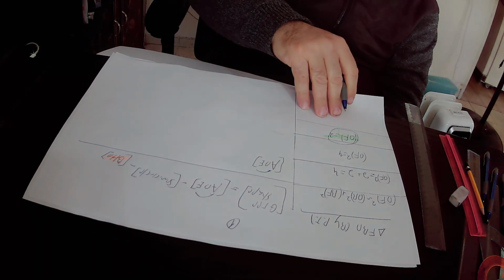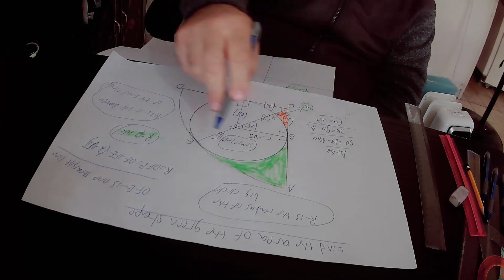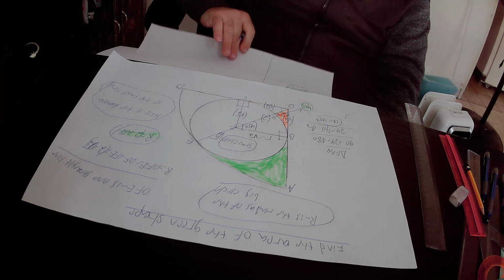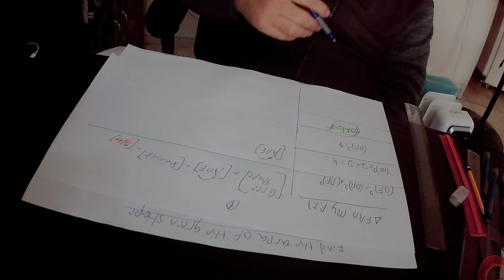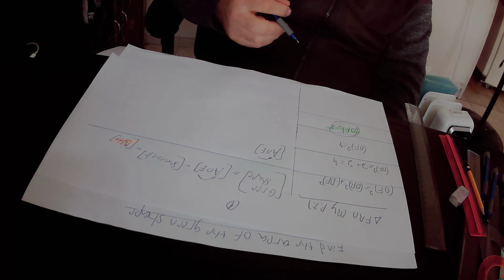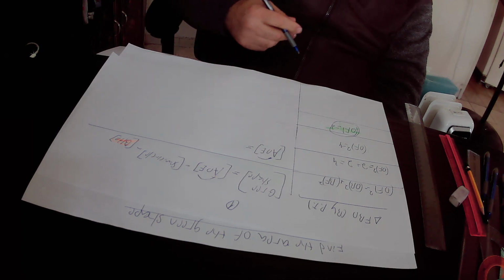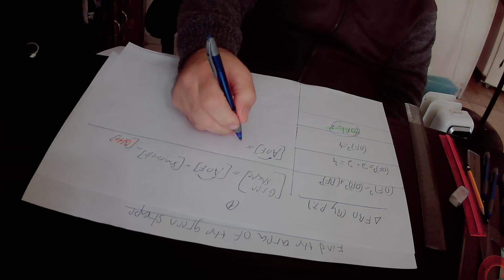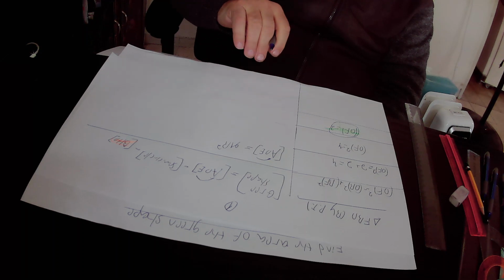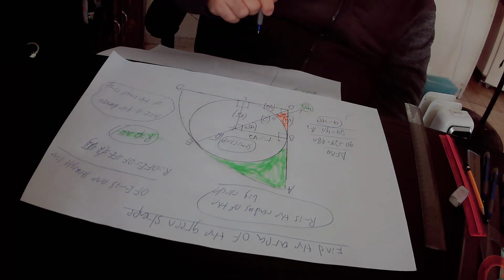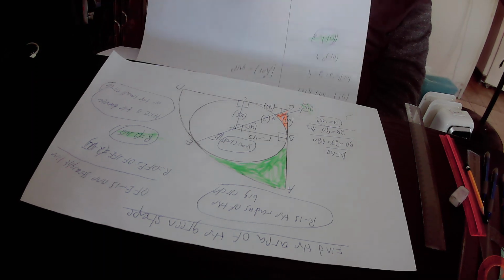Repeat again, the big sector AOE is part of the big circle, and we know that the area of any sector equals the area of the circle that contains the sector times theta over 360 degrees. The area of the big circle equals pi times capital R square, because capital R is the radius of the big circle.